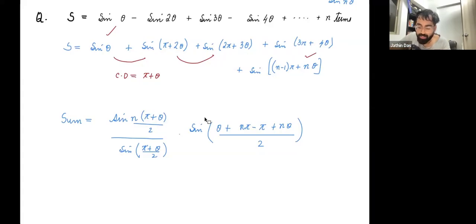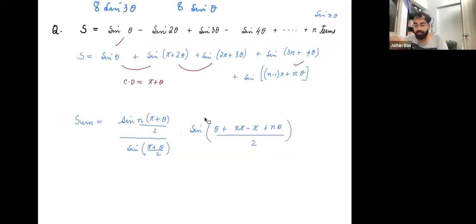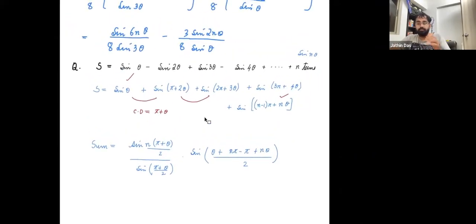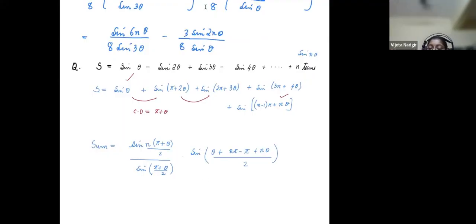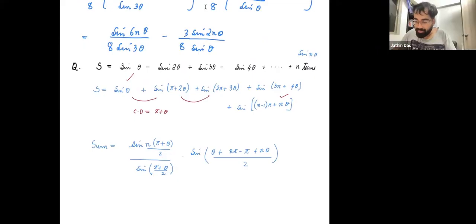And you simplify it according to the answers. That's all. Obviously, how the answer is given, accordingly you will have to do it. Okay. Done. So this type of series is done.